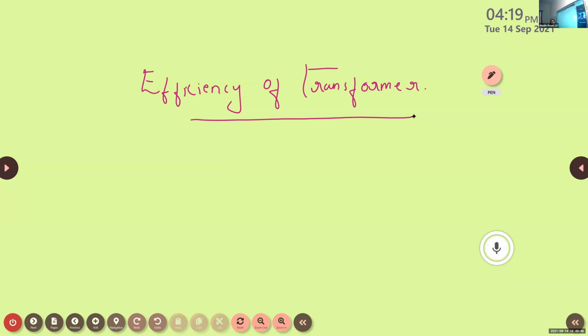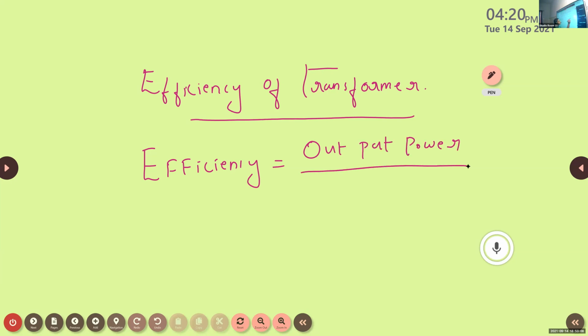Efficiency of a transformer is calculated by the ratio of output power to that of the input power. So this is the equation. This is a general equation. Efficiency is equal to output power divided by input power. Efficiency of a transformer is given by the ratio of output power to that of input power.